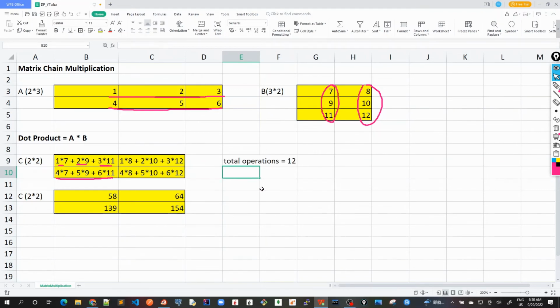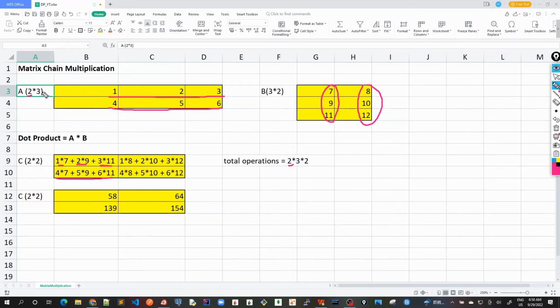But in other words, whatever the matrices provided with different dimensions, the total operations can also be put as 2 multiplied by 3 multiplied by 2. This 2 is the number of rows for matrix A, which came from this 2.